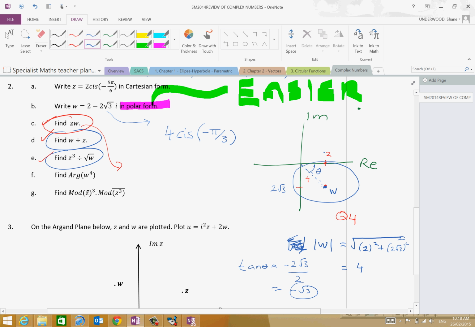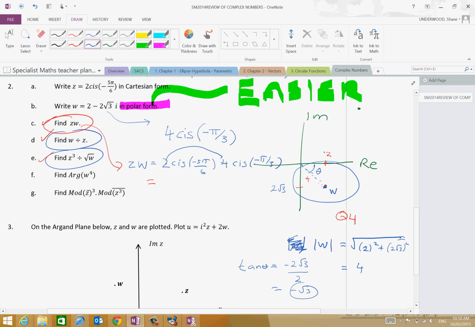Now, the reason why we converted into polar is going to be very obvious here. ZW, if I go ahead in Cartesian, it's going to take a lot longer. However, ZW in polar form is equal to, and I'll better write it out, 2 cis of minus 5 pi on 6 times 4 cis of minus pi on 3. Now, if we're multiplying two complex numbers together, you need to remember from last year that we multiply the moduli.